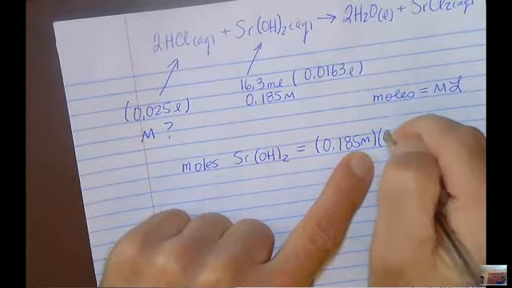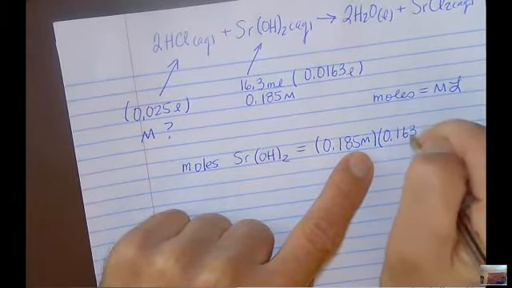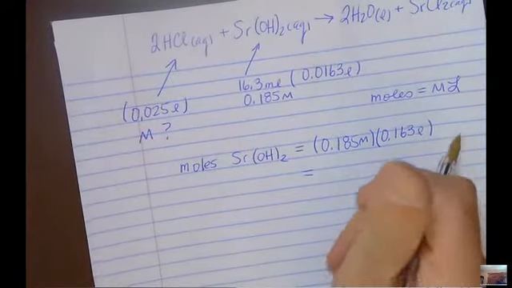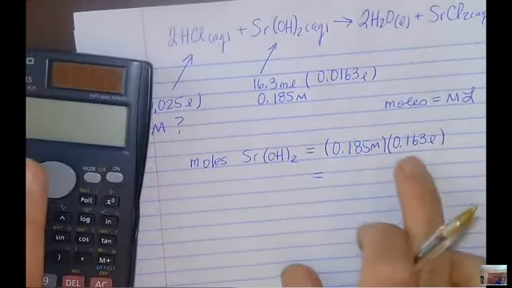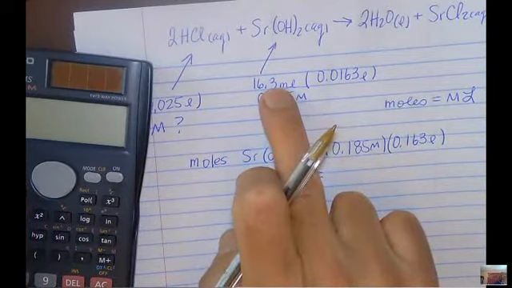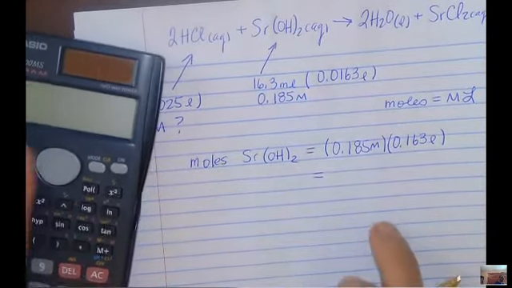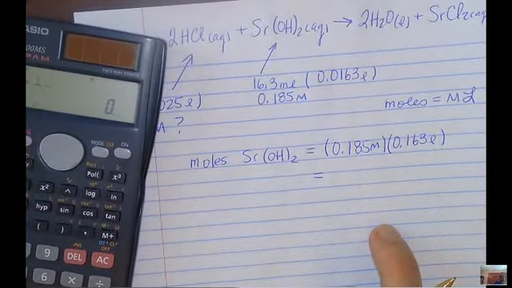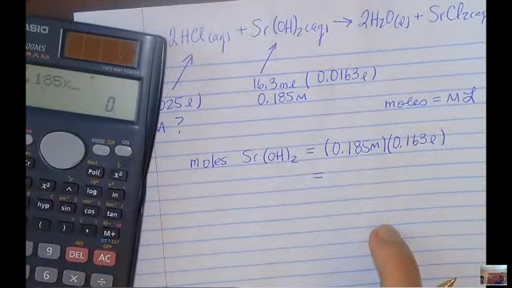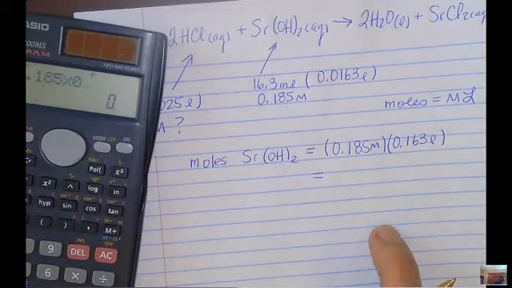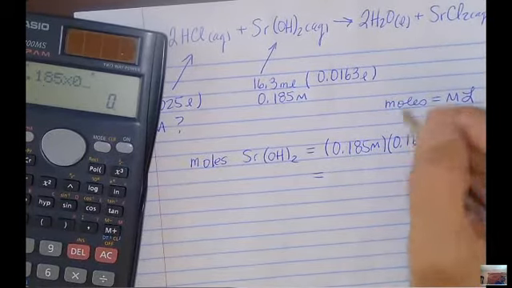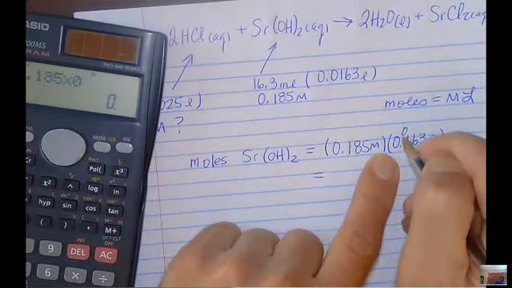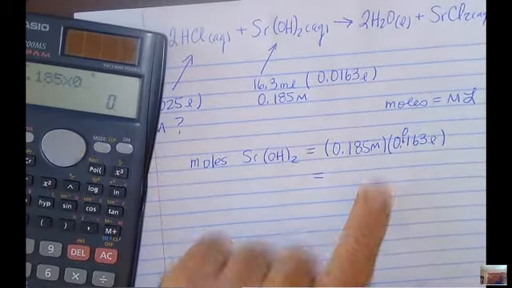Multiply by the number of liters, 0.0163 liters, and you'll get moles. So that's just a straight multiplication after you change the 16.3 milliliters to liters. Okay? So 0.185 times 0.0163.